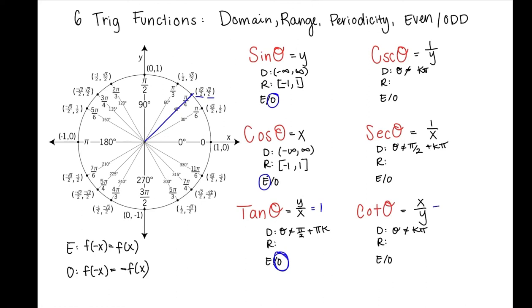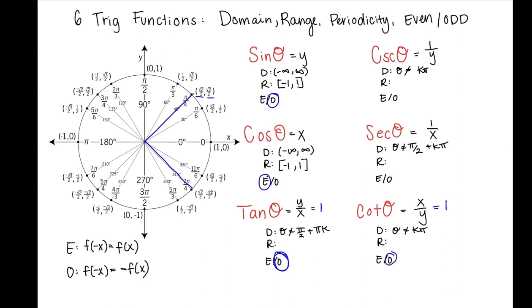Anything divided by itself is 1. Now, if I look at cotangent of negative 45, I end up with the same situation as tangent. I have something divided by its negative self. That's going to give me negative 1, which means that this is an odd function.